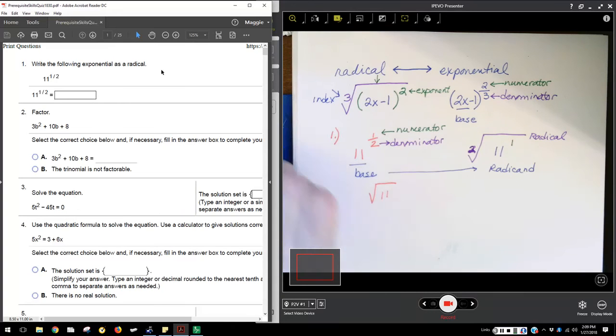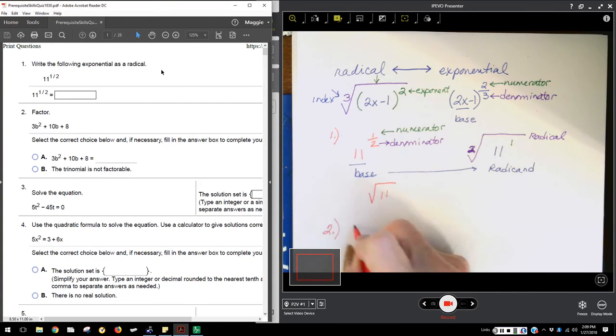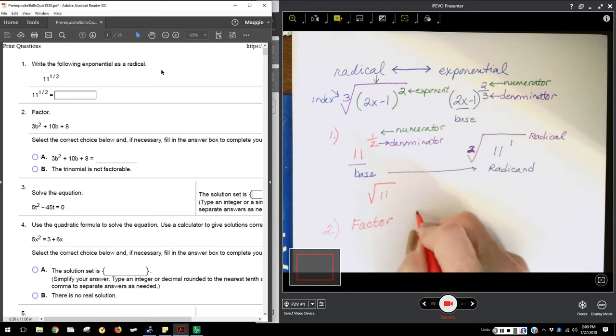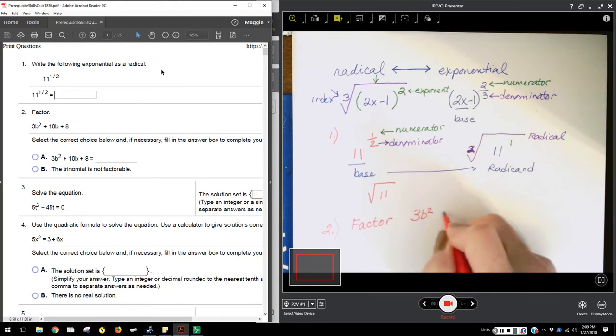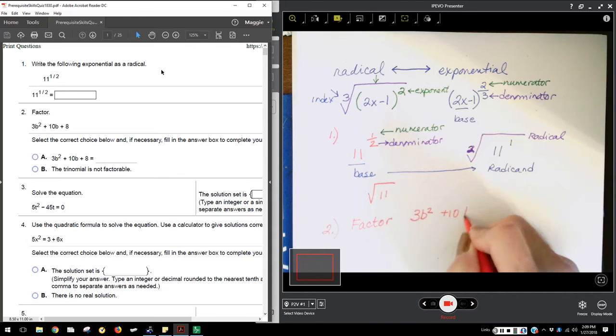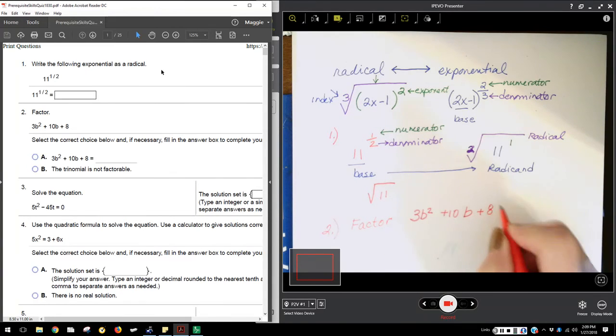So at this point, we'll move on to problem 2, and problem 2 says that we need to factor this expression. And the expression we're asked to factor is 3b squared plus 10b plus 8.